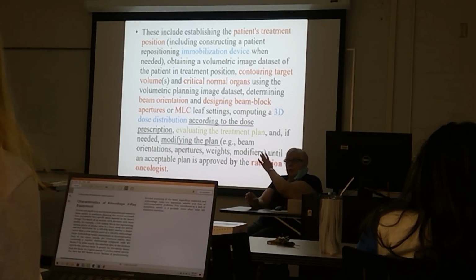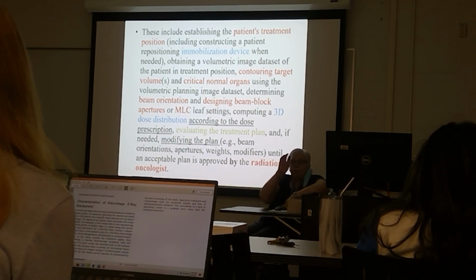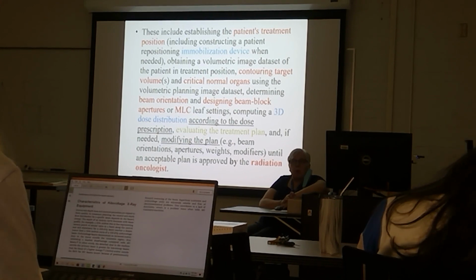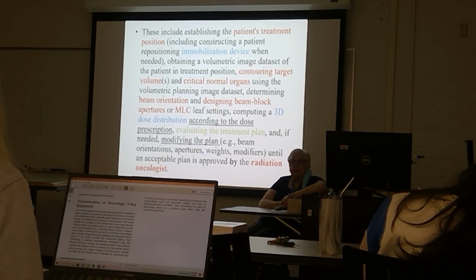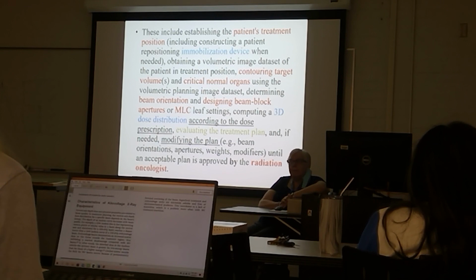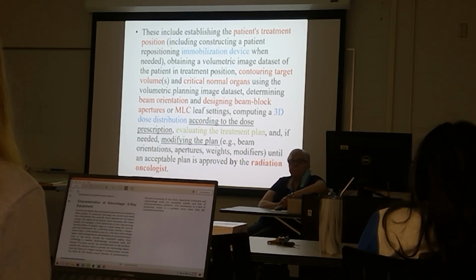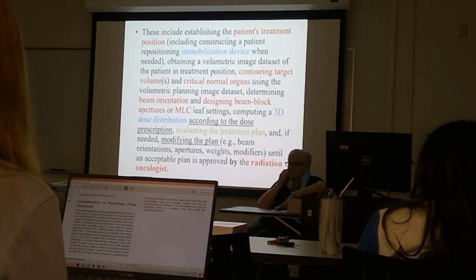So if we are doing, we'll go back to the prostate. If we are treating the prostate, the PTV will be the prostate. What critical structures would we have to contour? The rectum. Small bowel, okay. The rectum, the bladder. Seminal vesicles, I think, because sometimes they treat them as well as the prostate.